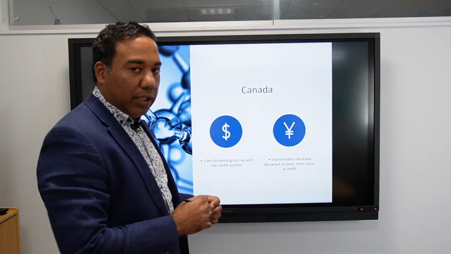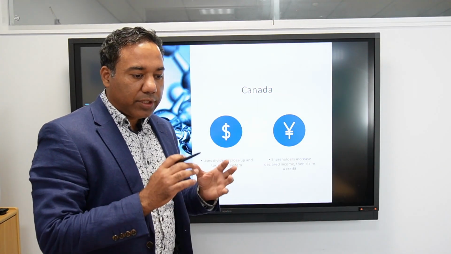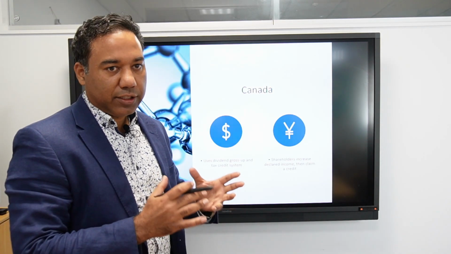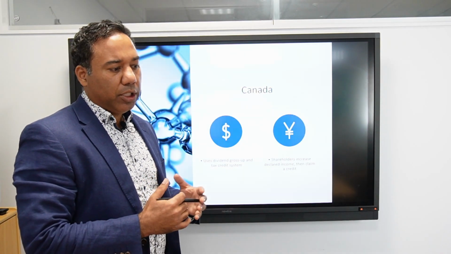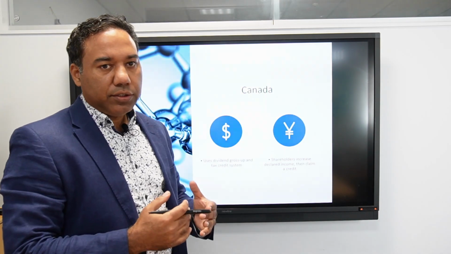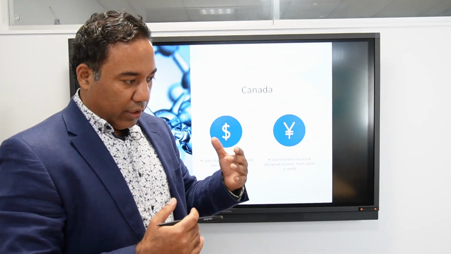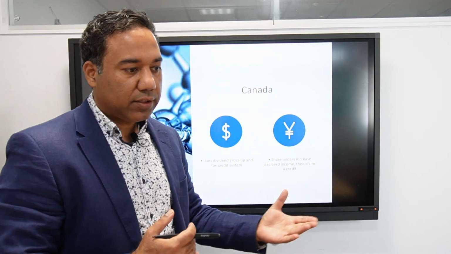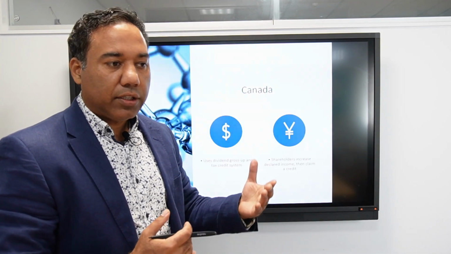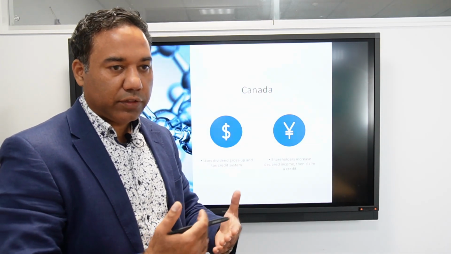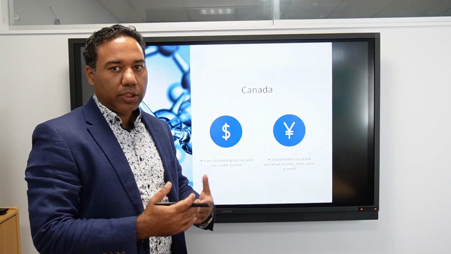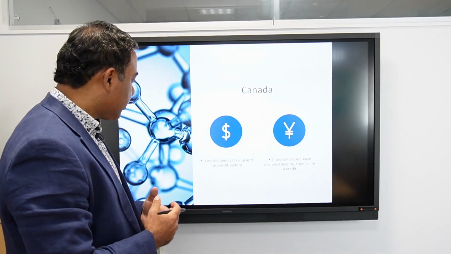In Canada, remember one thing, the New Zealand tax system and the Canadian tax system are very similar in some form or shape. In a lot of tax cases in New Zealand, Canadian tax cases have been used as the baseline, and in Canada, New Zealand tax cases, and vice versa. So there has been some common ground in both tax systems.